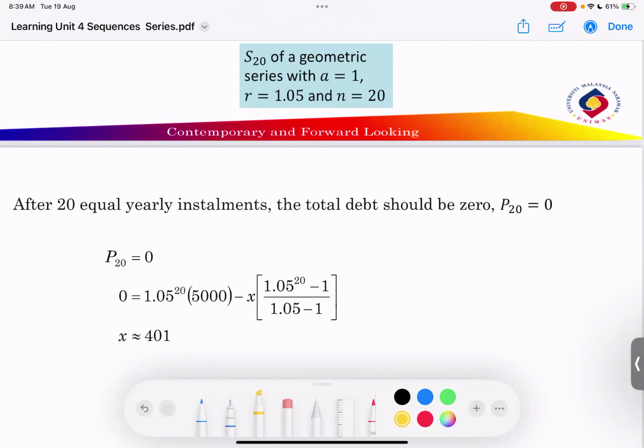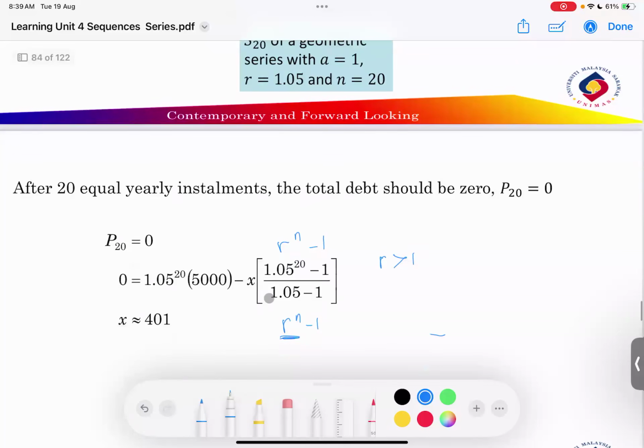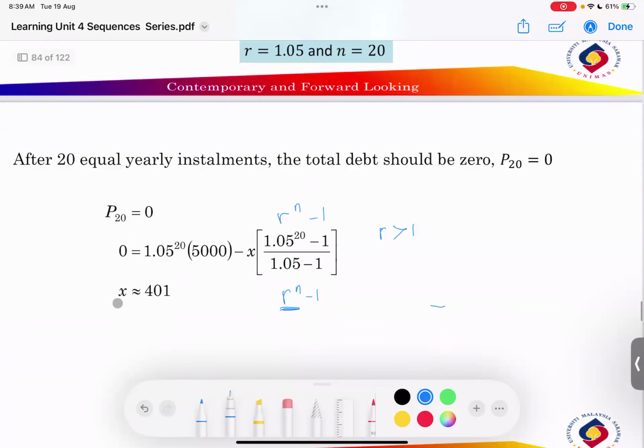Okay, so this part is actually r power of n minus 1. All right, so as you see from here, why we use this formula, the one at the front? Because the r here is greater than 1. So we prefer to use this formula. Okay, so the final answer is 401.